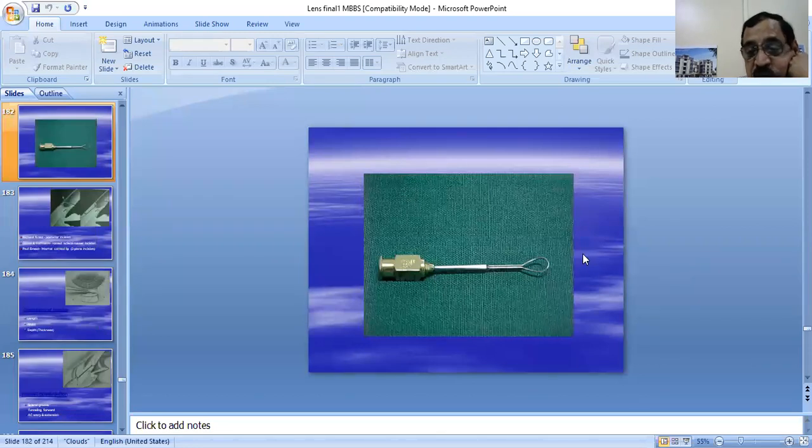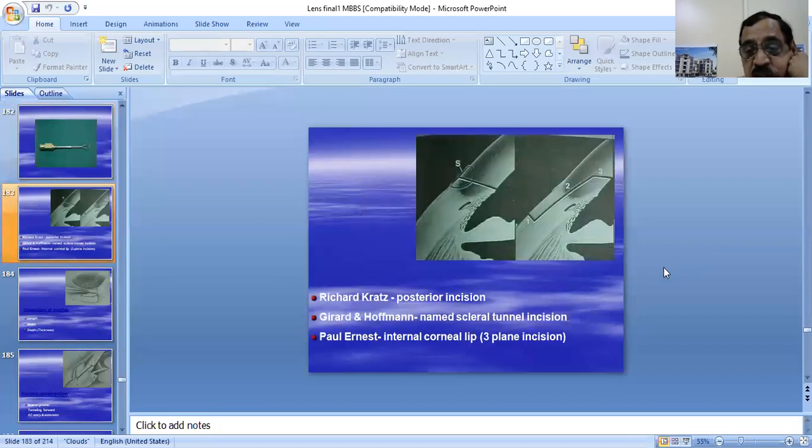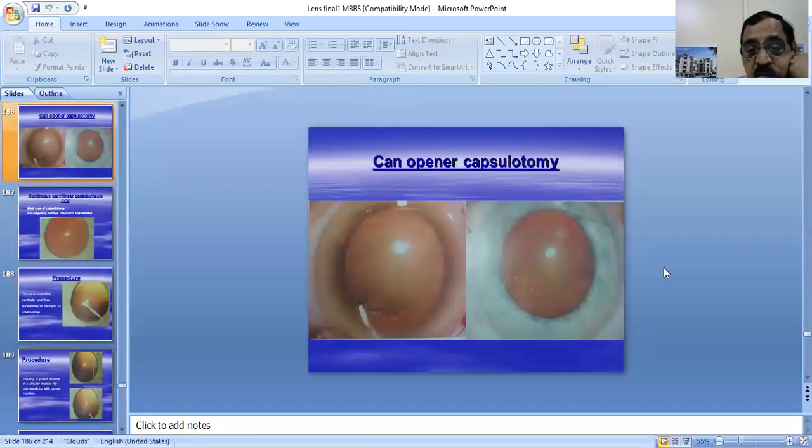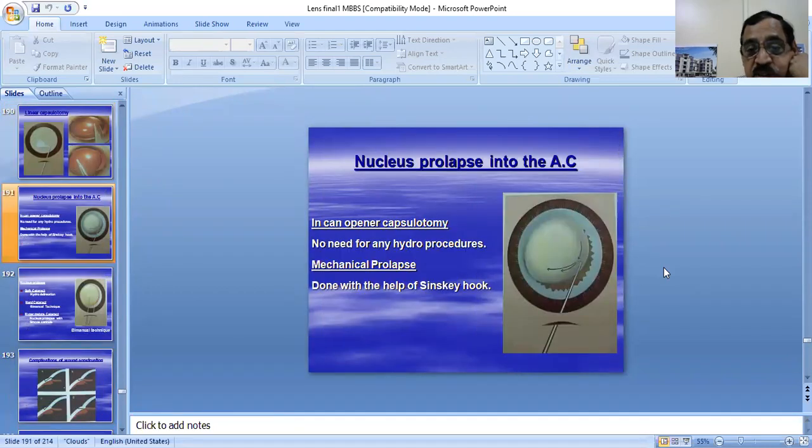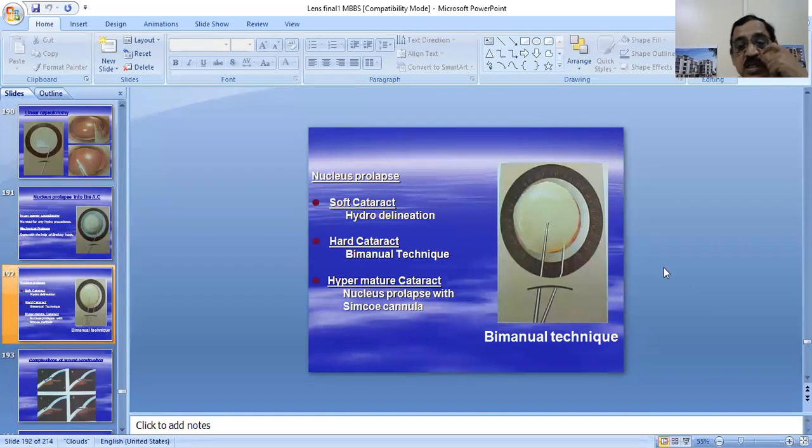This is an irrigating vectis with which we remove the nucleus in case of small incision cataract surgery. So all these things we have seen, and that completes the topic of lens. If you have any doubts, you can ask me.